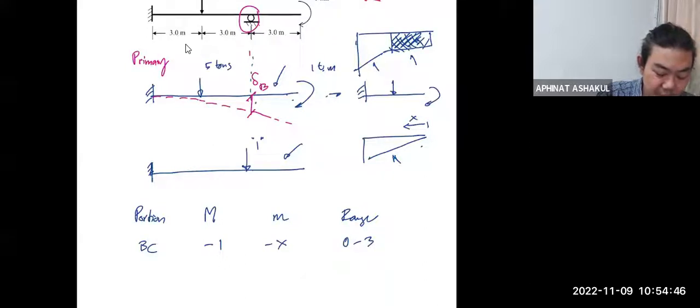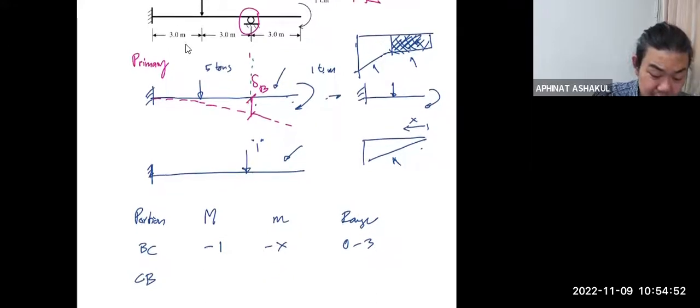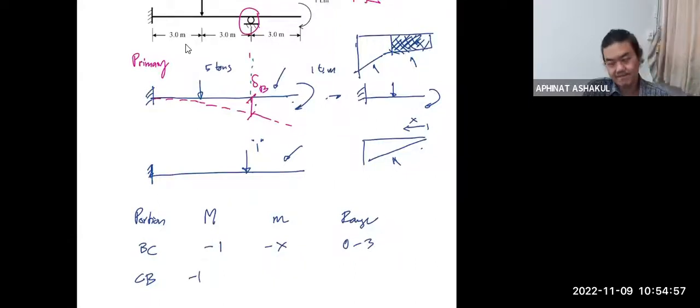Okay, and now portion CB. The moment here now becomes minus 1. Now that's a catch. So I'll wait for you. Probably you now have a decision to make, whether or not you begin another X here, or you keep your X here at this origin.